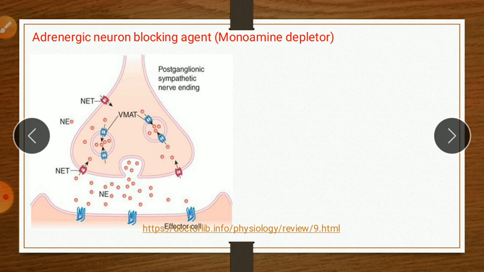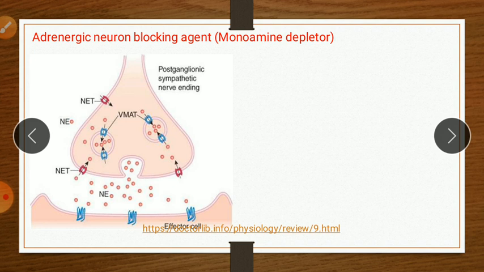Once noradrenaline exerts its effect at the adrenergic receptor, there is a mechanism for removing noradrenaline from the synaptic cleft and terminating its action at the receptor. This mechanism includes reuptake of noradrenaline into the presynaptic neuron by the noradrenaline transporter. The second mechanism is conversion of noradrenaline to inactive metabolites by MAO enzyme and COMT enzyme. And the third one is diffusion of noradrenaline away from the synapse.